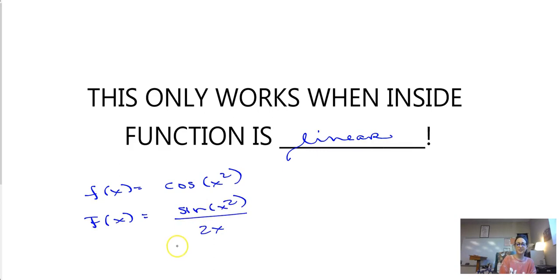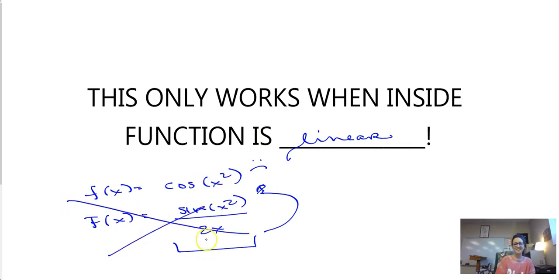Well, if this were to work, then the derivative of this should get me back to this, which it's definitely not, right? The derivative of this would require a quotient rule. You'd end up having a 4x squared in the denominator, which is certainly not in the original. So this doesn't work, right? This does not work unless the inside function is linear.